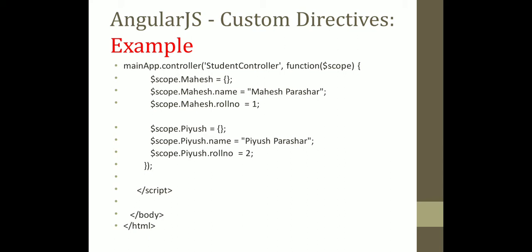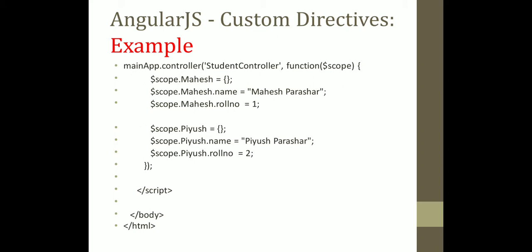So you can see with $scope we have used $scope.Mahesh equals simply opening and closing brackets. This will define the object, so now the object is Mahesh here. Then $scope.Mahesh.name equals Mahesh Parashar, and $scope.Mahesh.rollno equals 1. So this particular information is attached to the object Mahesh.